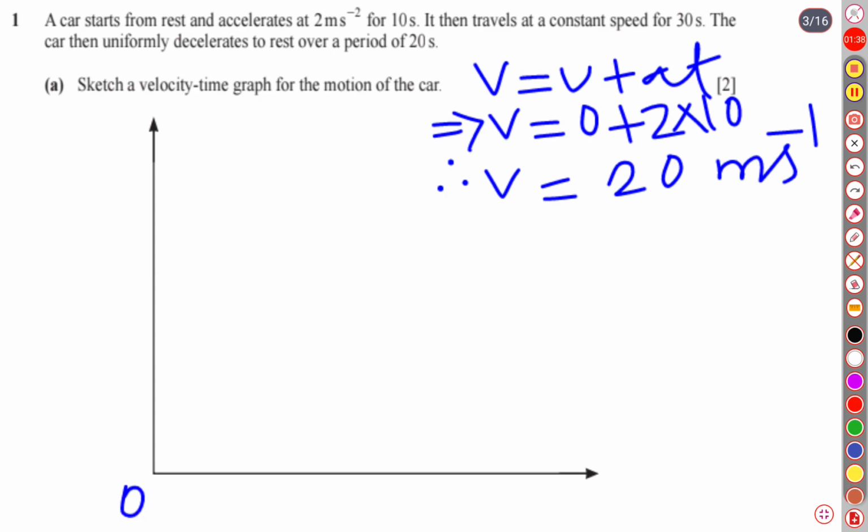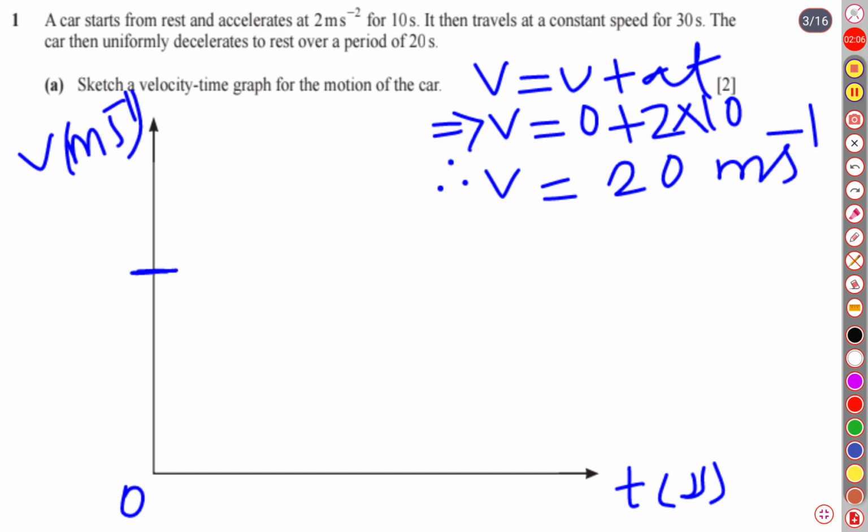And you know x-axis is applicable for time. So we will write here t second in the x-axis, and along y-axis it will be velocity meter per second. Well, then we have already found out that 20 meter per second was the velocity.